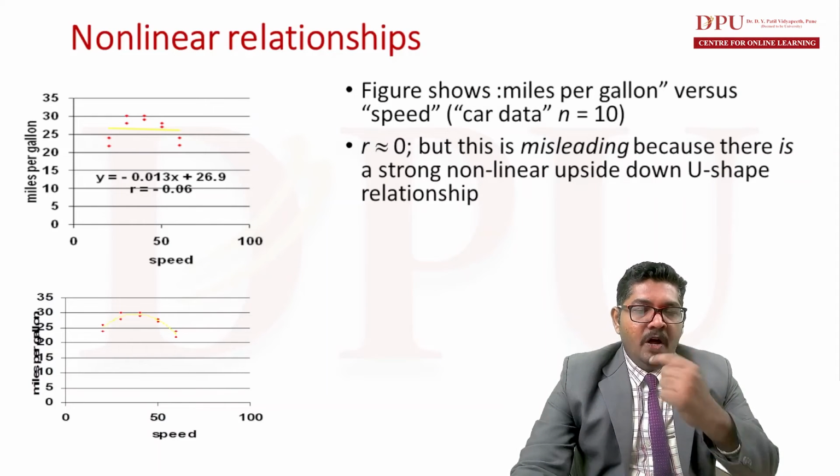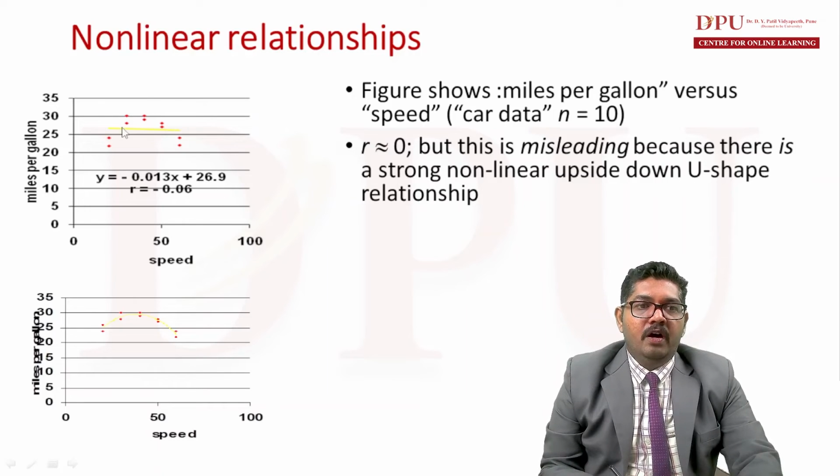Non-linear relationship. Now from this particular data, scatter diagram, when we draw a straight line we get a line like this, and when we find out the value, R is equal to minus 0.06. The figure shows miles per gallon. We have speed on the x-axis and miles per gallon, that is mileage, on y-axis.